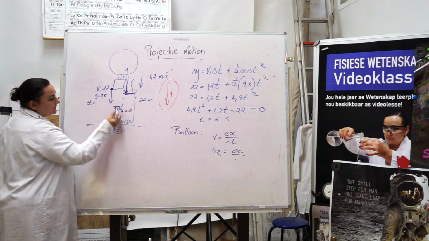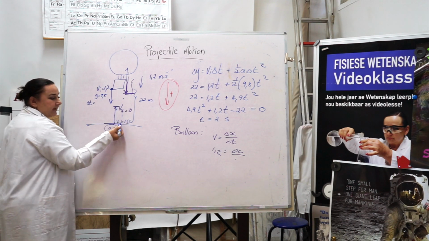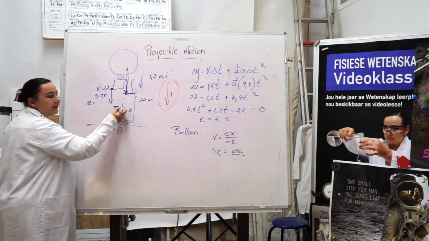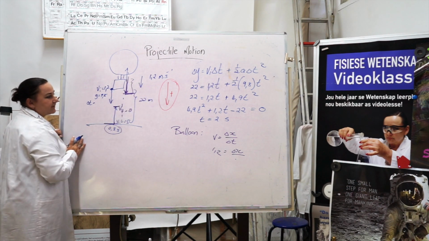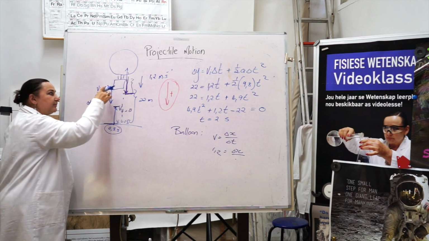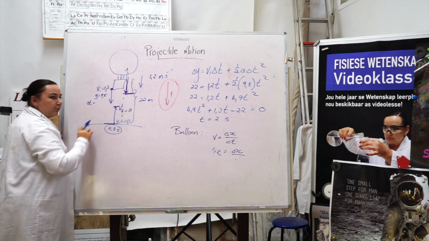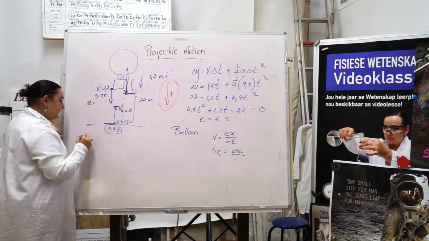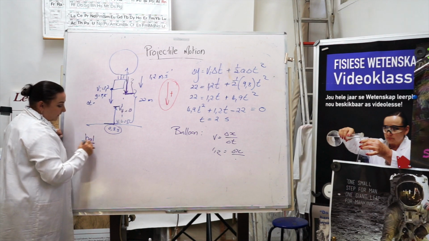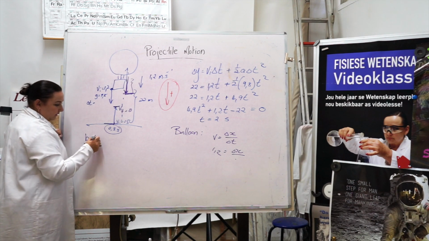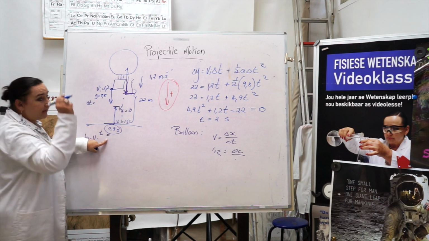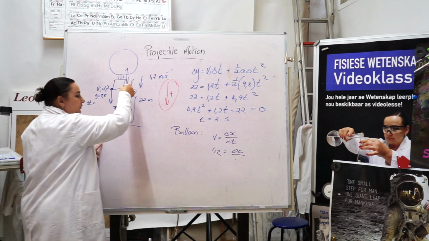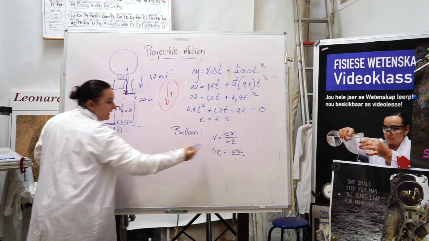So can you see, I've got the initial velocity and a final velocity. I chose downwards as positive. I've got the time already for the ball when it falls down. So if we can get the time for the ball, it would be the same time for the balloon to travel. So there it is.